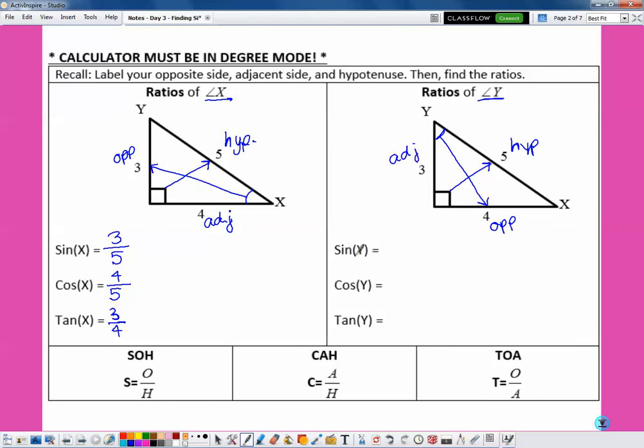So sine of y, opposite over hypotenuse, is 4 over 5. Cosine is adjacent over hypotenuse, 3 over 5. And our tangent is opposite of 4 over the adjacent of 3.